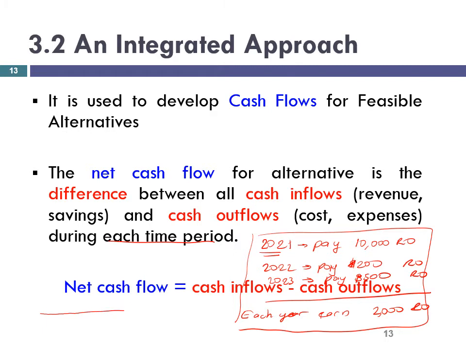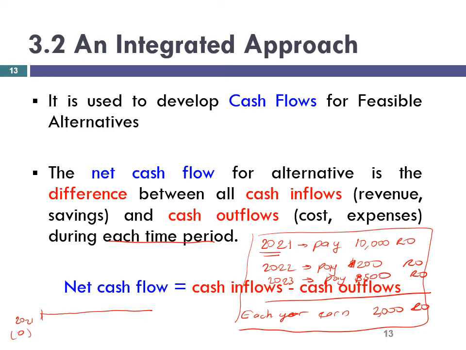Okay, so we can represent it on a timeline. This year is 2021. Usually we denote the current year as 0. In 2021, or year 0, what do we do? We will pay 10,000 Riyals.